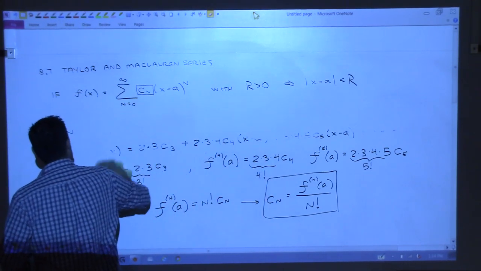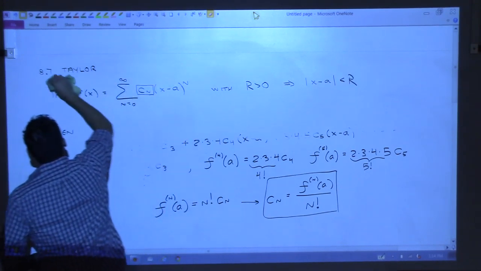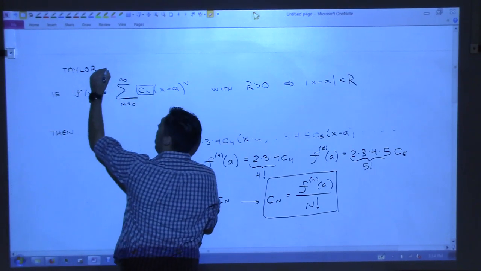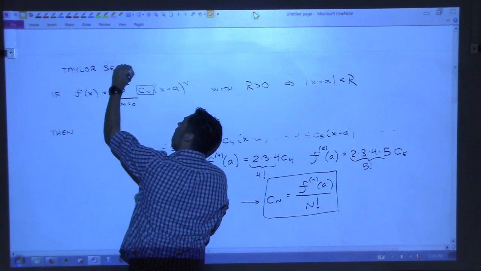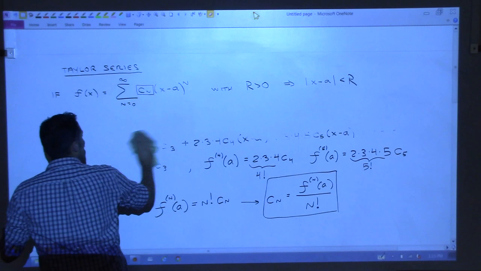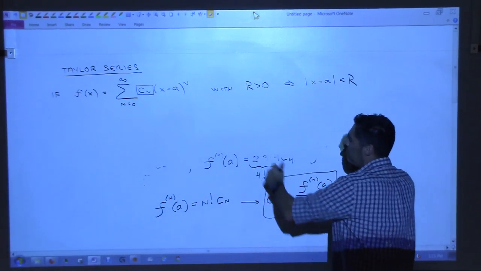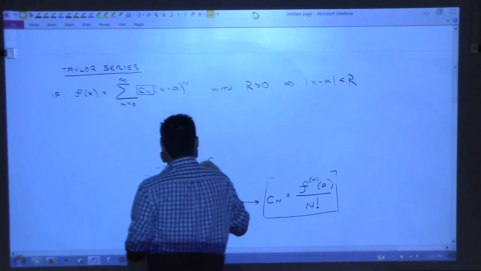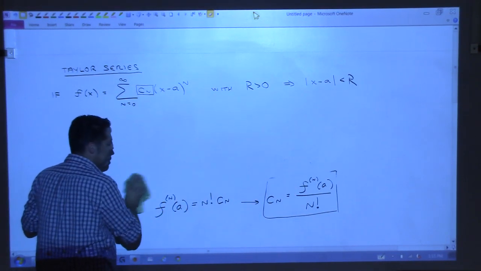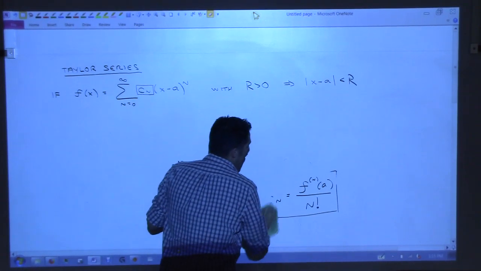Let me erase that. I'm just going to put right here Taylor series. Okay, Taylor series says basically that if you've got a function, now there's some stuff in Taylor's theorem that I'm going to kind of gloss over without talking too much about.